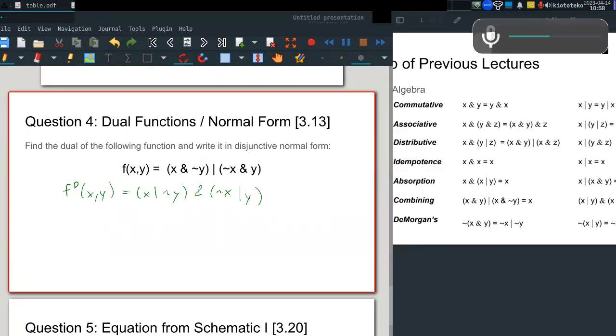Again, it's just following the rule that changing operators, and if there's a 0 or 1, just flipping those values. Any problem with this? That's the dual, no? Now, again, the dual is not the same as this function. Just take that into consideration.